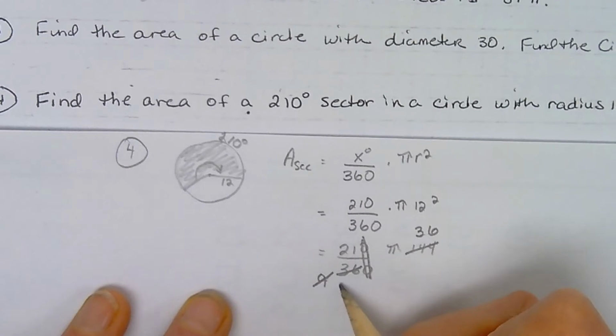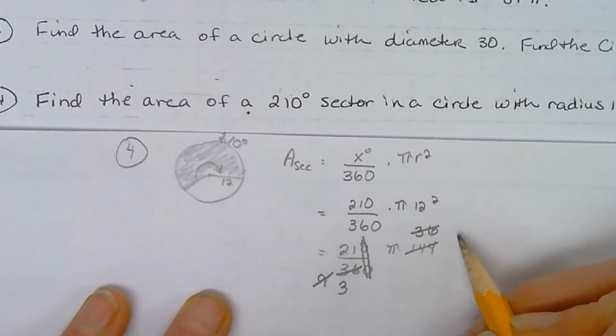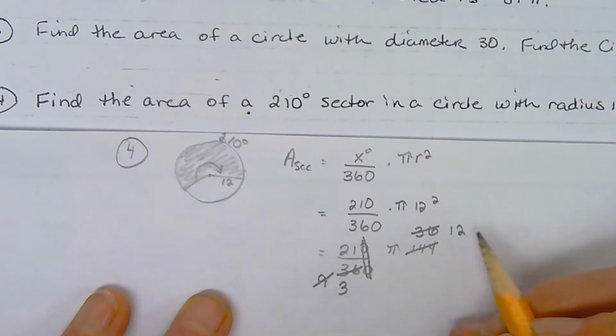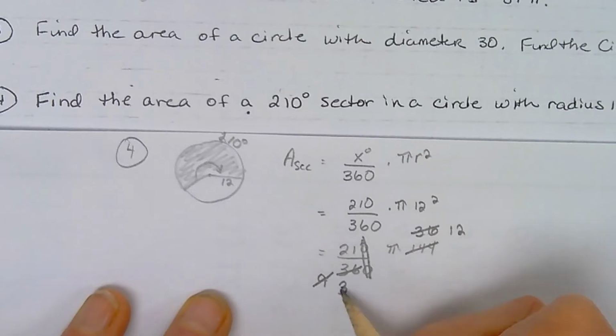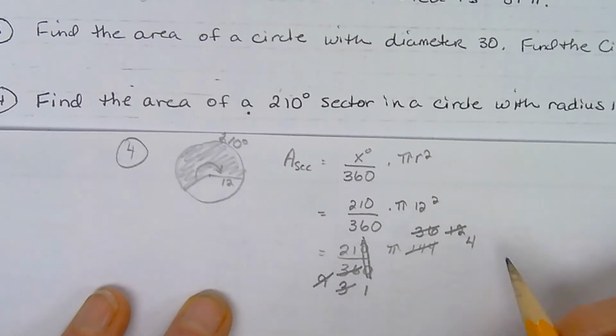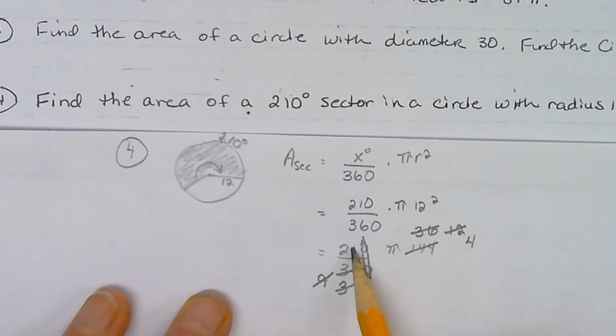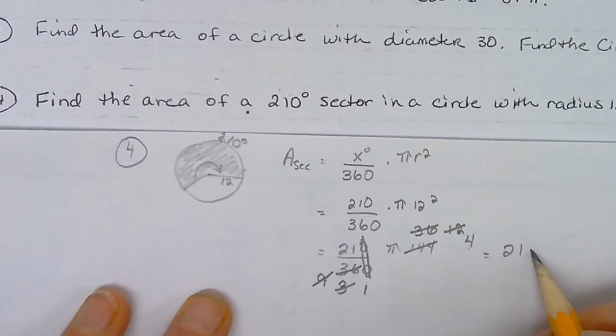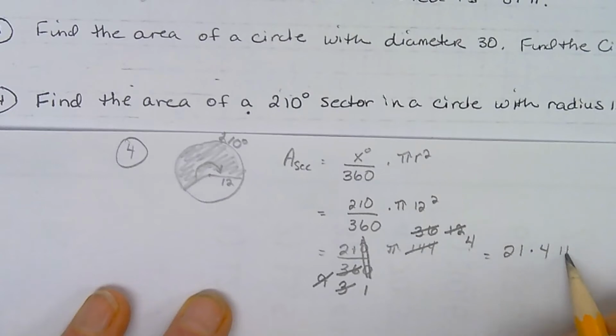I can cancel some more. 3 goes into 9 3 times. 3 goes into 36 12 times. I can keep going. 3 goes into 3 once, and 3 goes into 12 4. So I have 21 times 4 in the numerator times pi, and that's all over 1.